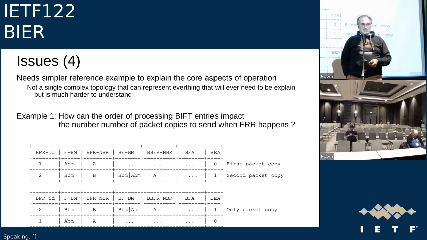So you don't even need to make a second packet copy. If you're doing it in the wrong order, you are sending 2 packet copies to the same neighbor, one that you would have sent to the neighbor anyhow, and the second one that's just the FRR packet. So this is probably a much easier way to explain that.